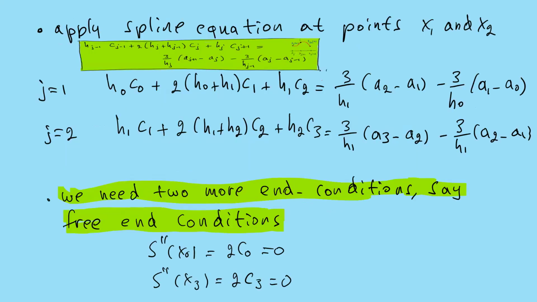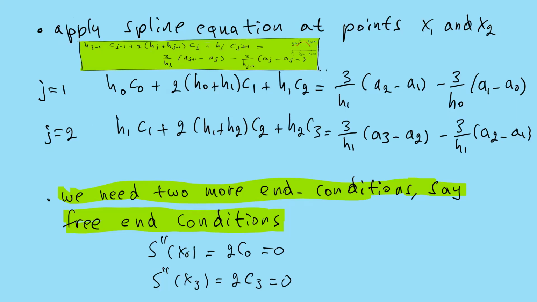For this example, we apply these equations at points x1 and x2 because we have four data points. For this reason, the interior data points are x1 and x2. We still need two additional conditions to complete the system. Here we choose the free ends or natural spline boundary conditions.